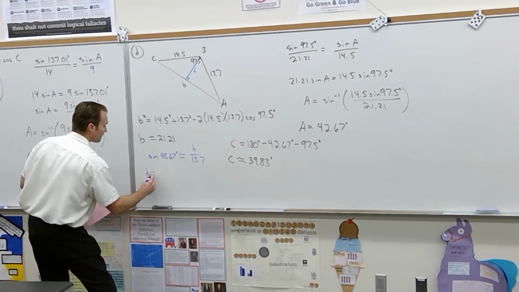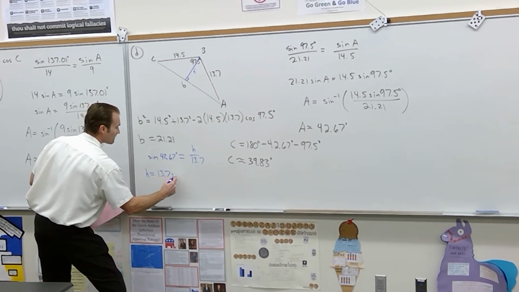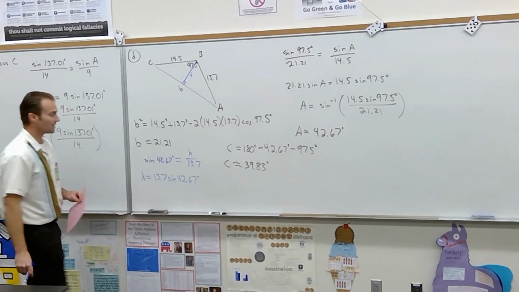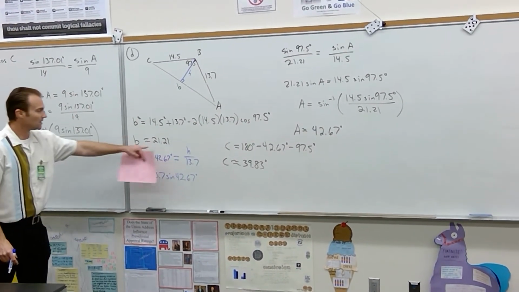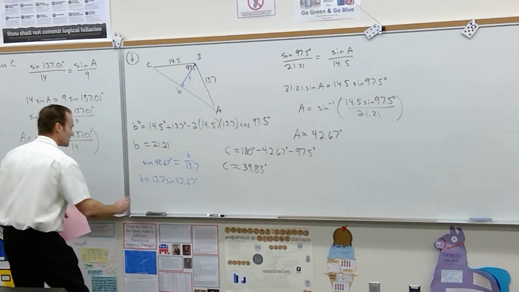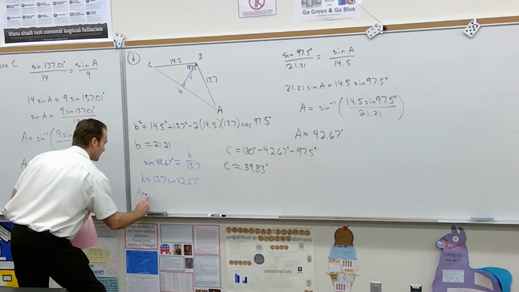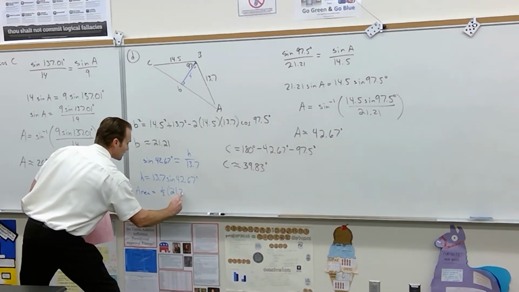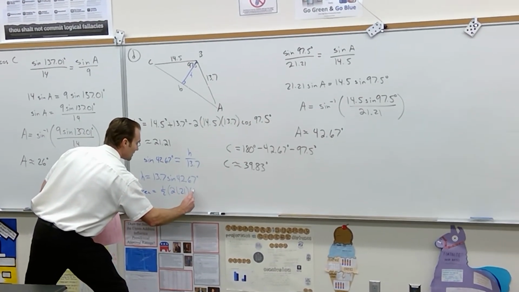So my height is right there. My base would be 21.21. So my area, 1/2 base times height.